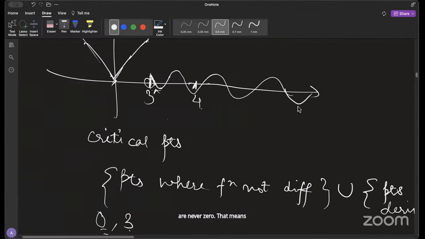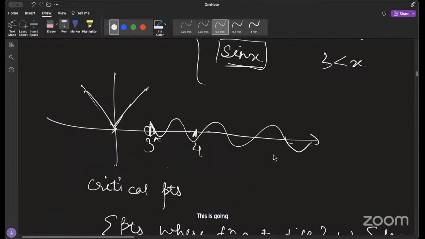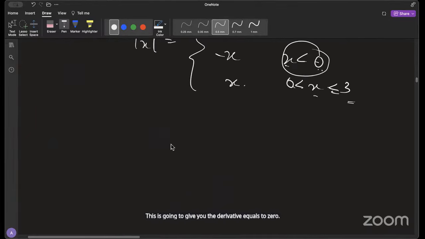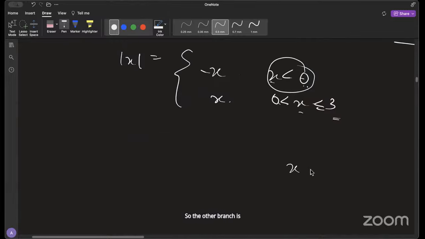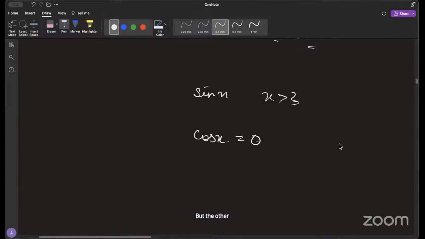That means your focus should now be on sin x, the other branch. This is going to give you the derivative equals 0. So the other branch is sin x for x greater than 3, and its derivative includes cos x. You have to find where cos x is 0, but the other condition is that x should be greater than 3.